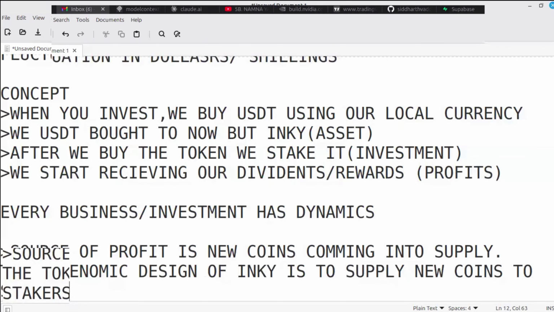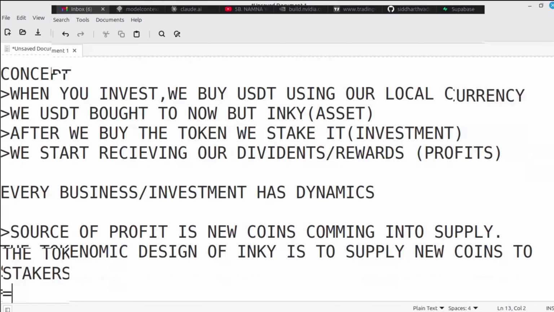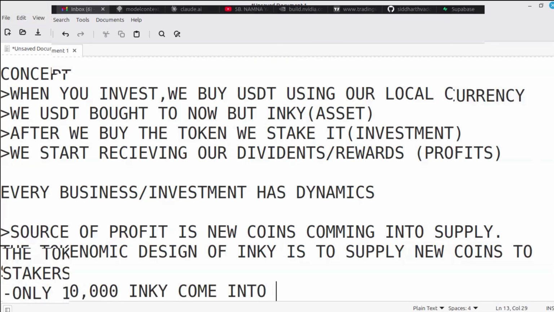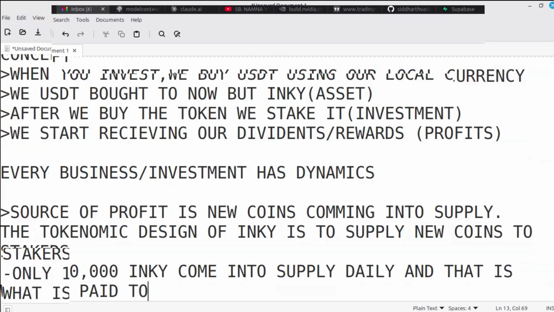They brought in 10 million, the rest was 190 million, and this 190 million is coming in very, very slowly each and every day. And out of that 190 million, in simple terms, only 10,000 INK come into supply daily. And that is what is paid to the stakers.